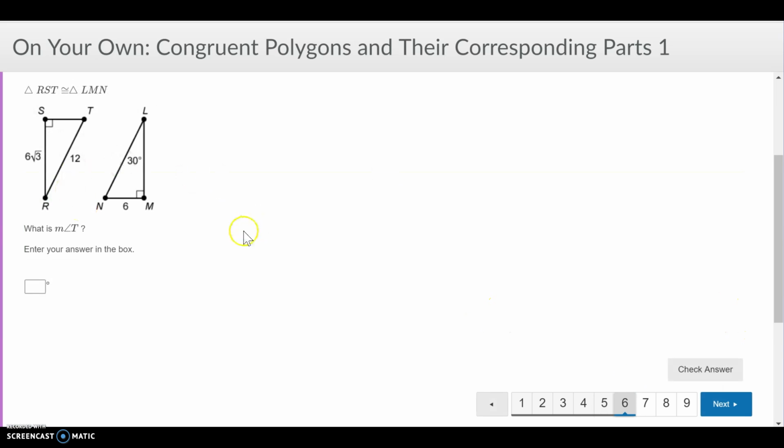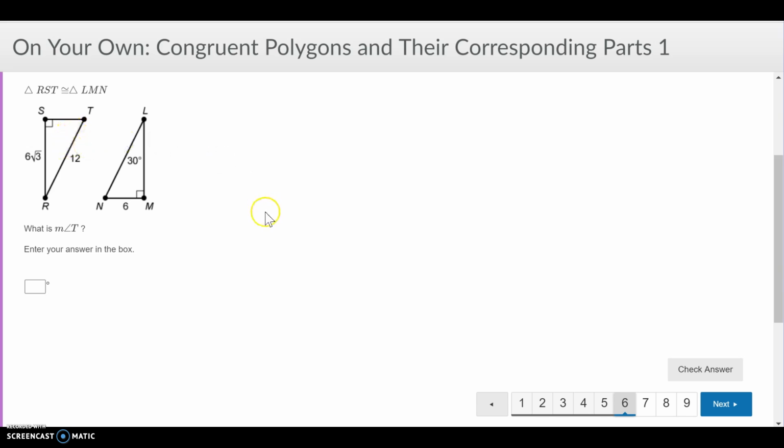All right, once again, we have these flipped up triangles. What is the measure of angle T? So we know this one is 90, and R corresponds with L, so that makes that 30. So we're looking for the missing angle.